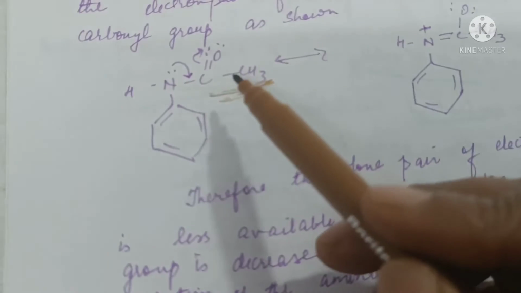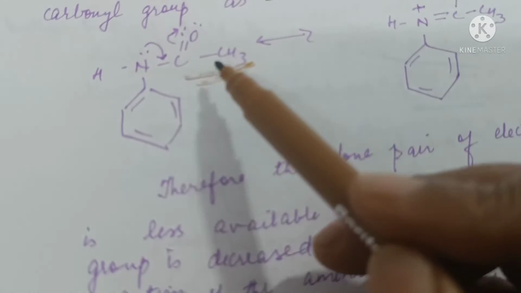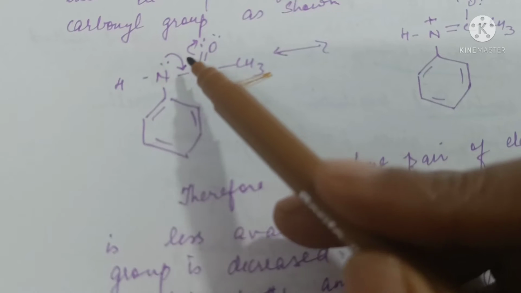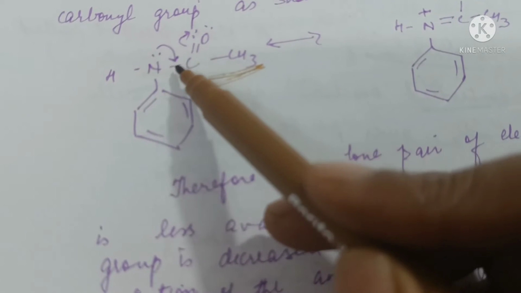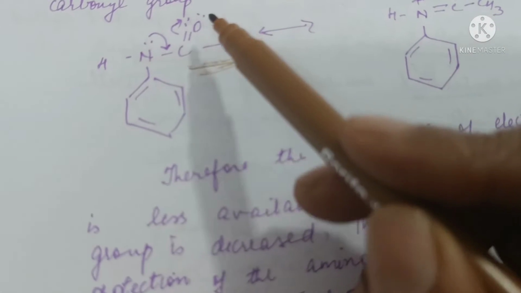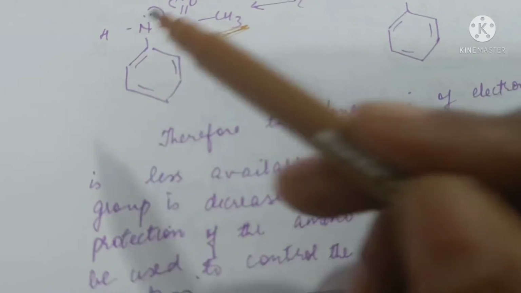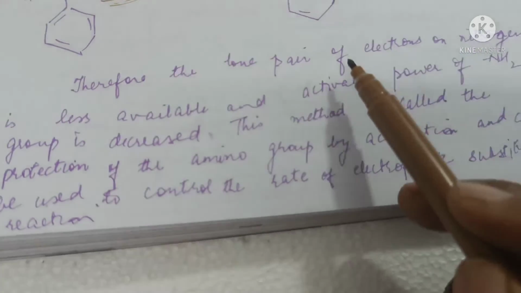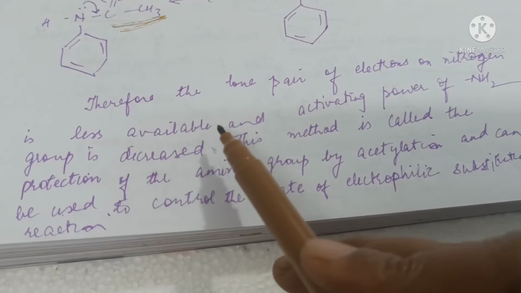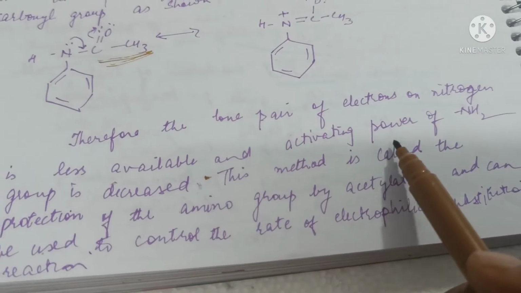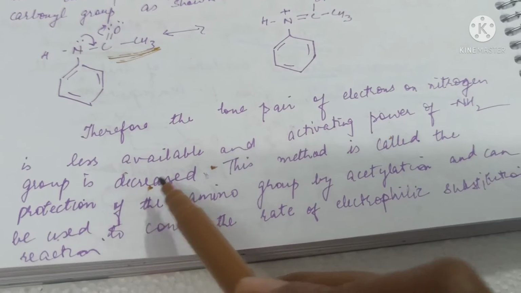This acetyl group is an electron withdrawing group, so it will take the lone pair of electrons of the nitrogen atom towards itself, thereby decreasing the activation. So when the lone pair of electrons on nitrogen is less available, the activating power of the group is decreased.